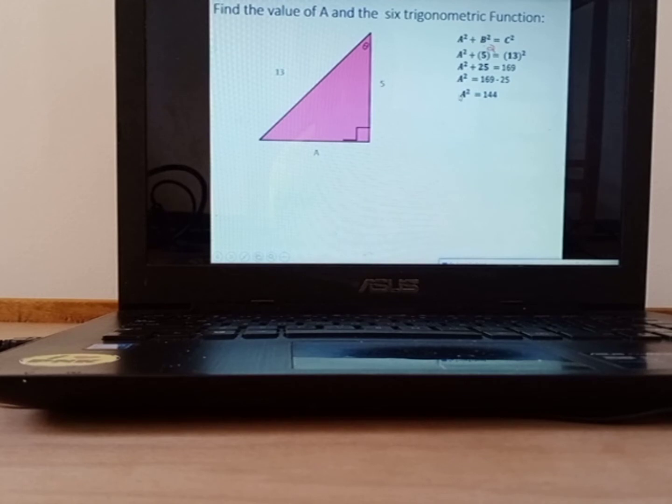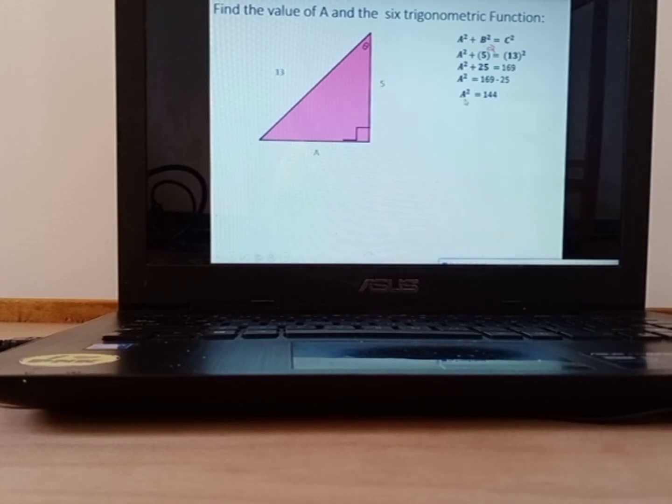Since we get the square root of A squared, we also have to get the square root of 144. Why is it, class? Whatever you do on your left side, you will have to do also on the right side. That will be our rule.